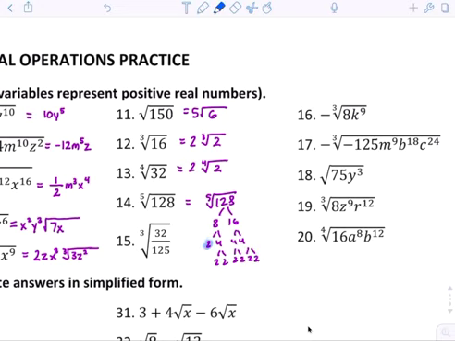So 1, 2, 3, 4, 5. I found a group of 5. And these two can't find a group of 5. So that means we are going to get 2 on the outside, fifth root of 2 times 2. But the 2 times 2 is simply just 4.